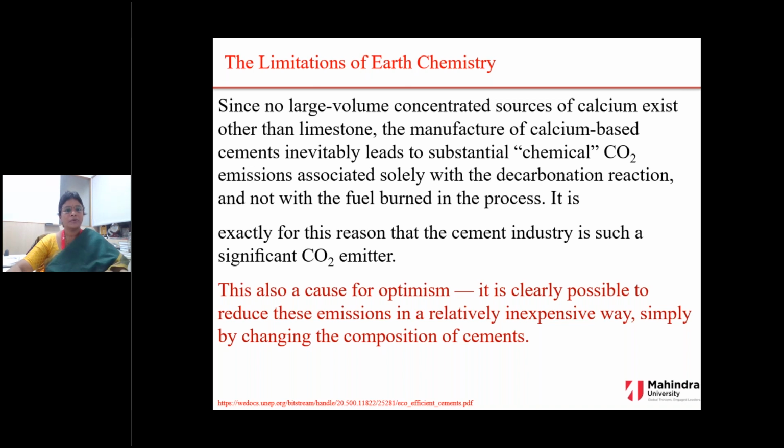So if you want to reduce the emissions, that is exactly why there is a significant CO2 emitter: we have to provide the clinker, and we need to decarbonize it. This is also a cause for optimism, because it is clearly possible to reduce these emissions in a relatively inexpensive way, simply by changing the composition of cement. That means the clinker is the main culprit, so reduce the clinker content.